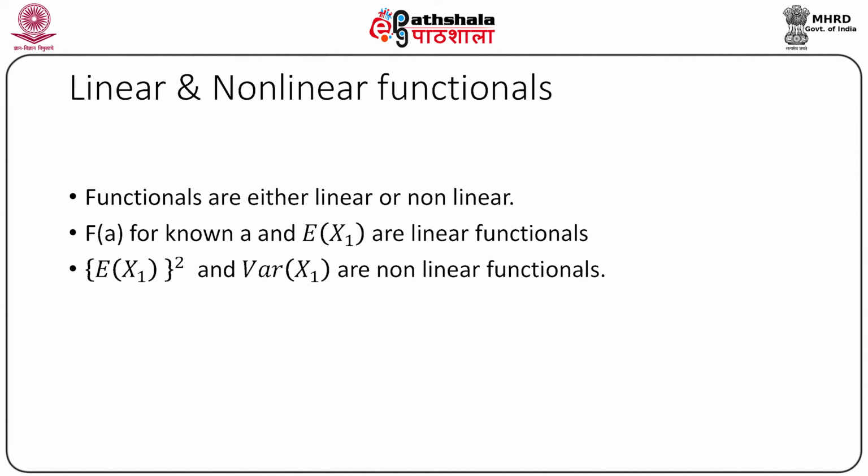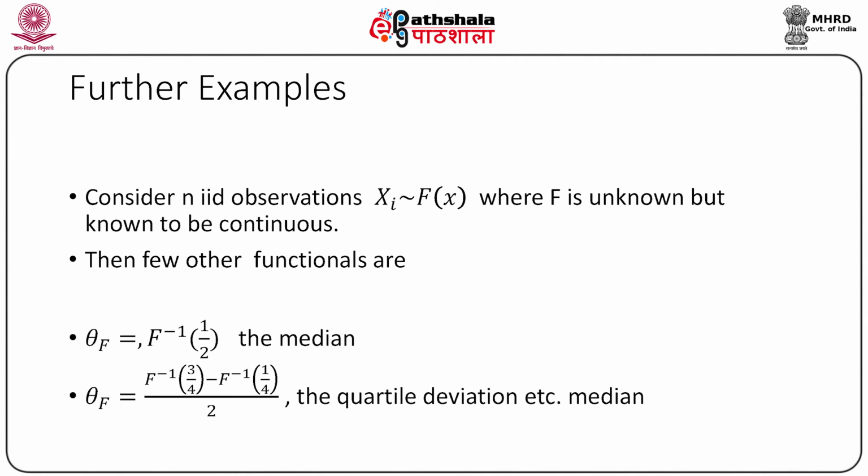But what about its square? So we find that the expected value of x under alpha f1 plus 1 minus alpha f2, squared, is not equal to alpha times the expected value of x under f1 squared plus 1 minus alpha times the expected value of x under f2 squared. Therefore, by definition, theta is not a linear functional. Now, consider some other types of functionals.